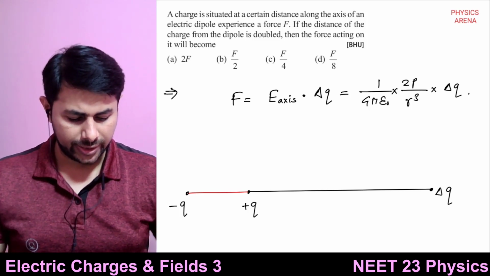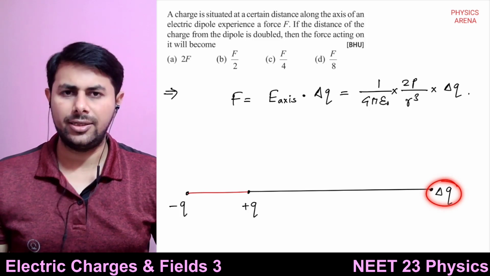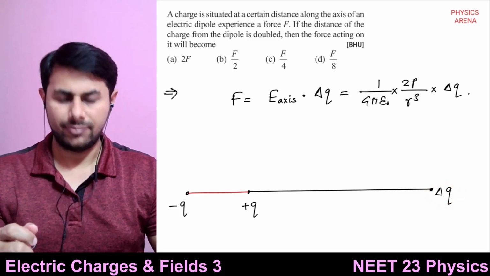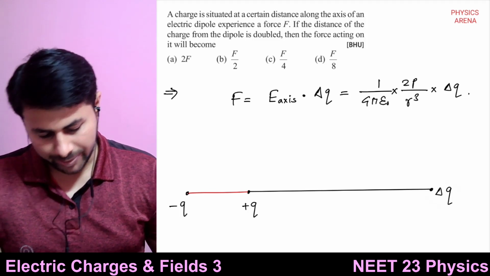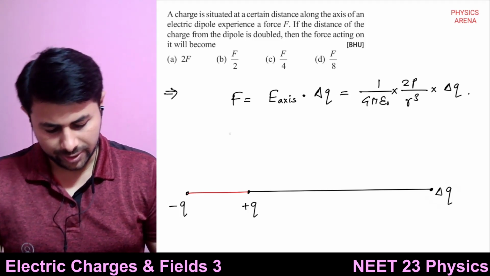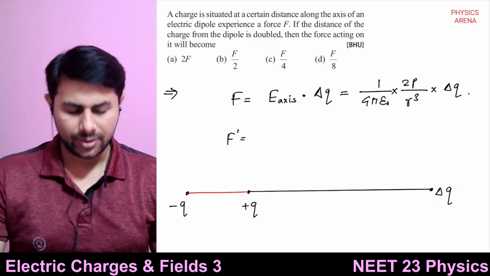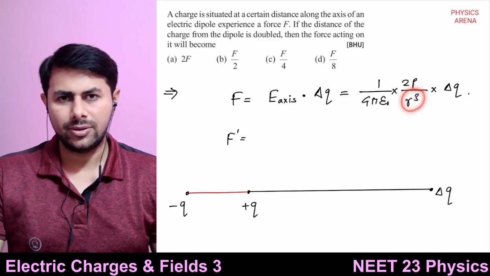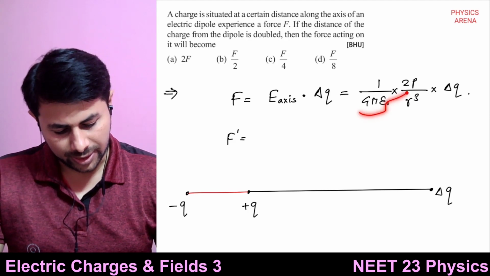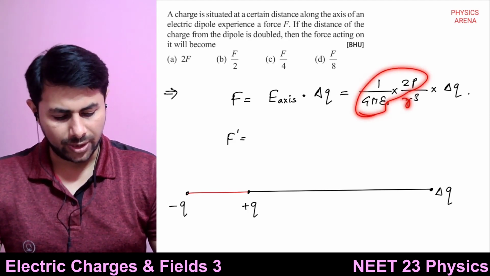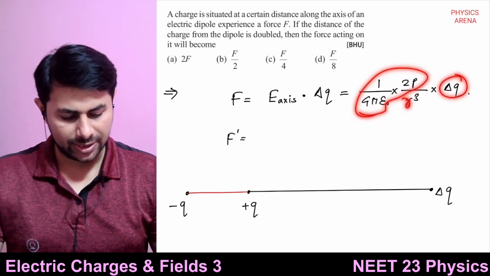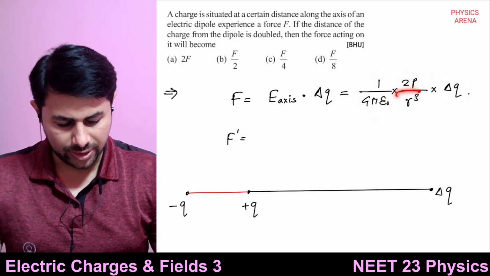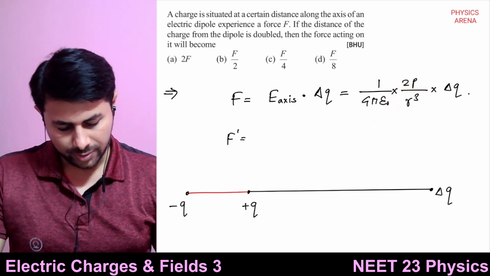Now what you are doing is you take this charge, move it at twice the distance. Okay. So what will happen? So distance is doubled, force becomes F dash suppose. So force is inversely proportional to R cube, right? Force is some constant upon R cube, because charge will remain same, dipole moment is same, everything else is same. So it is inversely proportional to R cube. Okay.